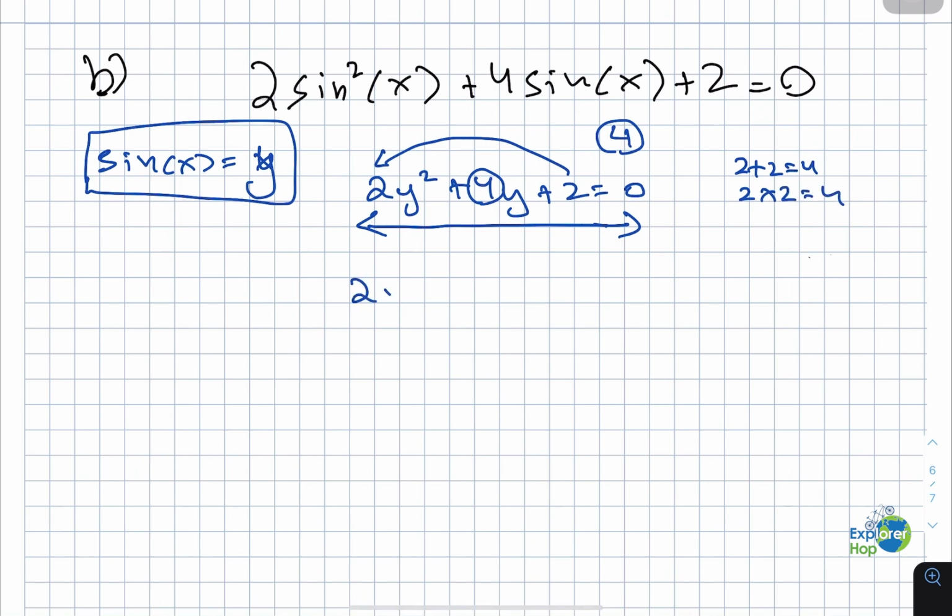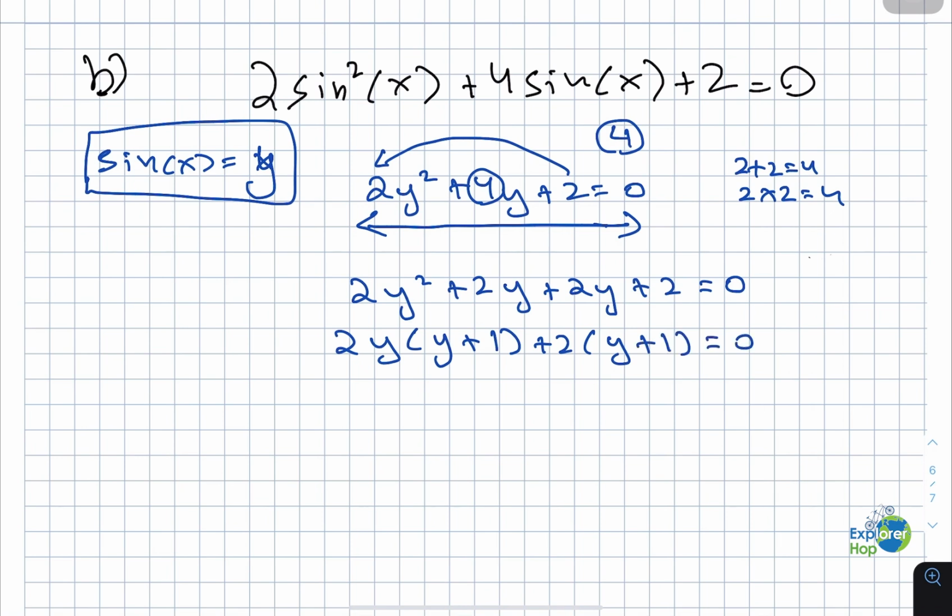Therefore we get 2y squared plus 2y plus 2y plus 2 equals 0. We can take the common factors out, which is 2y. This becomes y plus 1 plus 2 times y plus 1 equals 0. And we get 2y plus 2 times y plus 1 equals 0.